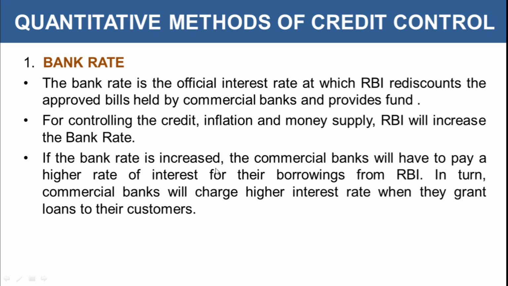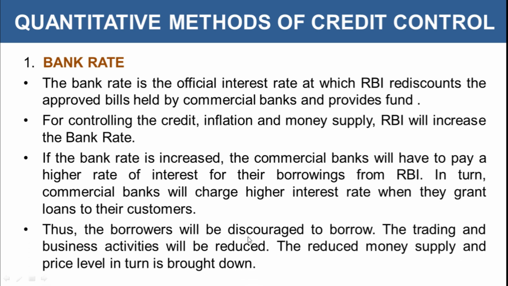Now, due to this raise in interest rate which they grant as loans to their customers, the borrowers, who are the public, will be discouraged to borrow. If they are discouraged to borrow, it will affect the whole trading and business activities, which will be reduced, because the borrowers are the public, corporates, and all the institutions which are in need of funds, and they go to commercial banks.